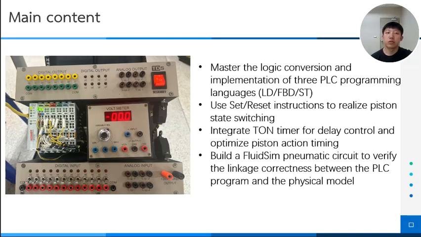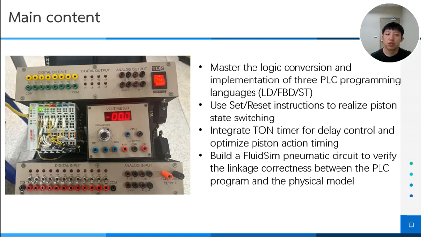This page shows the main goals of my homework. There are 4 goals. First, learn how to change and use 3 PLC programming languages: ladder diagram, function block diagram, structured text. Second, use set and reset commands to switch the piston's state.